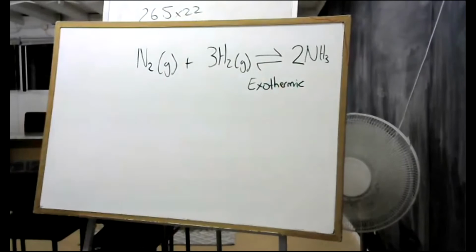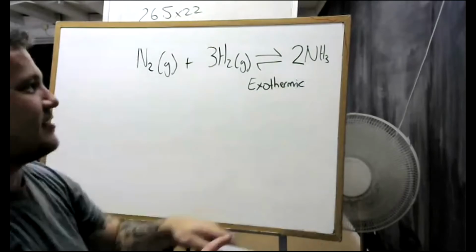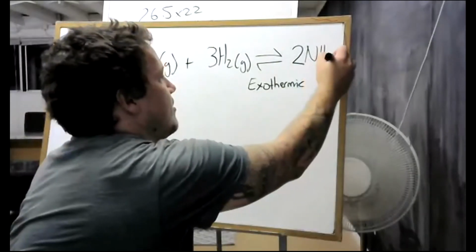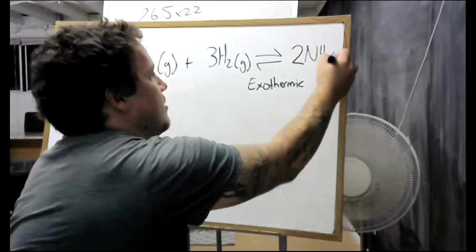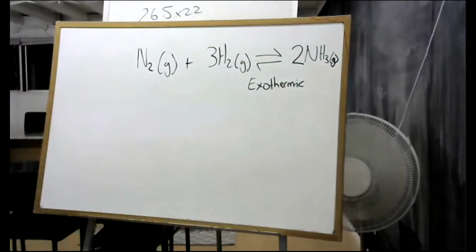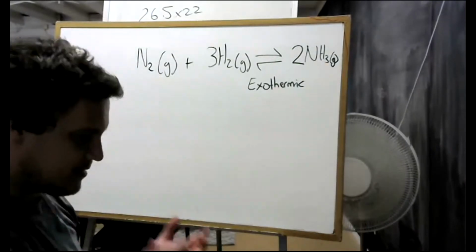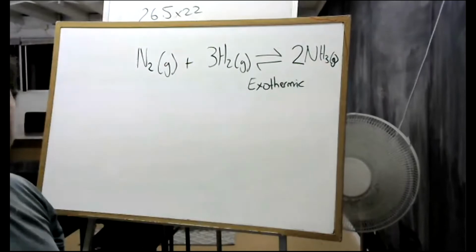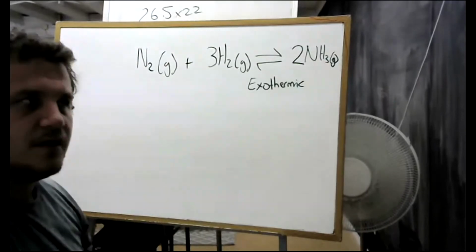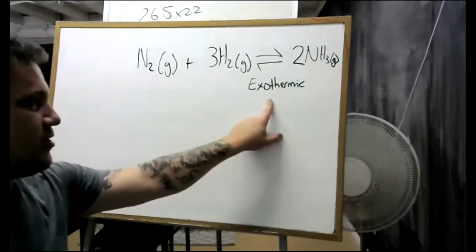So the question asks, why do we need to carefully monitor the conditions that this reaction is happening in? Well, one, we are trying to produce as much ammonia as possible. That's the plan. That's the idea. That's what we want. It's exothermic.